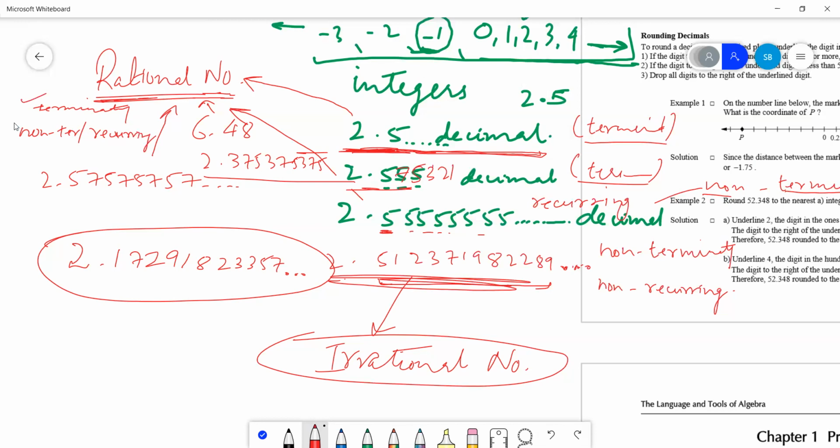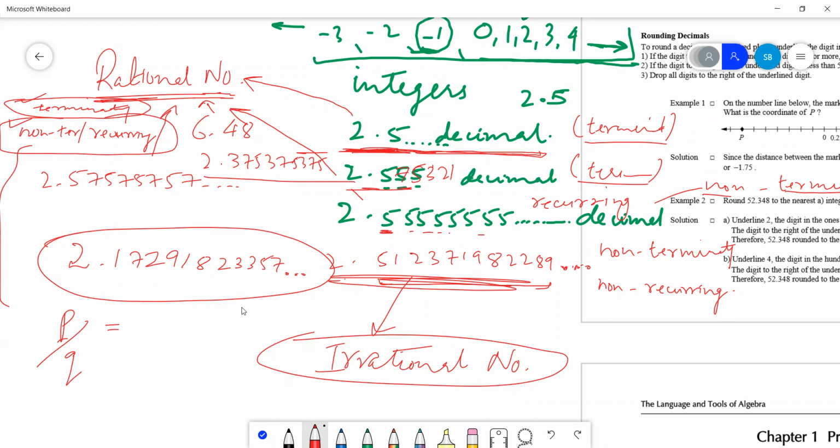Why? What is the quality in them? The quality is what you said, that these numbers can be represented in the form of p by q, in the form of a fraction. They can be written as some integer divided by some other integer. So they are having this type of quality.